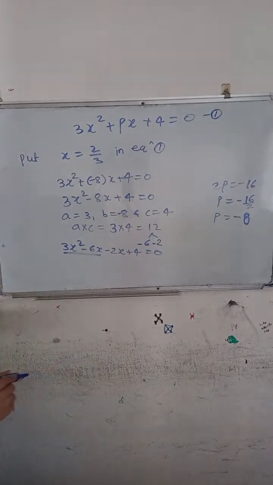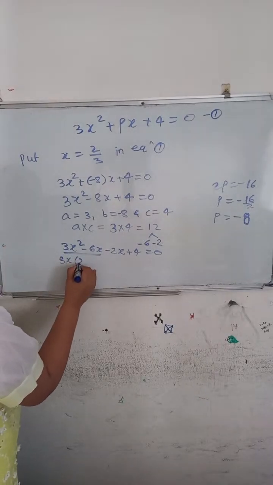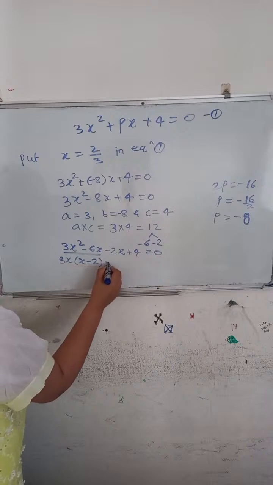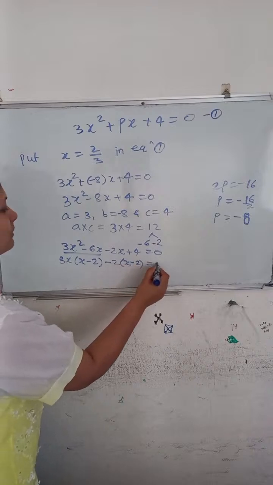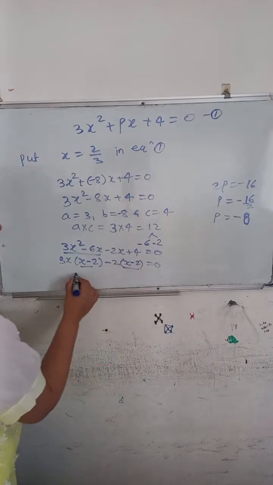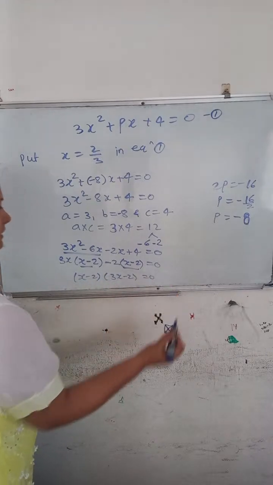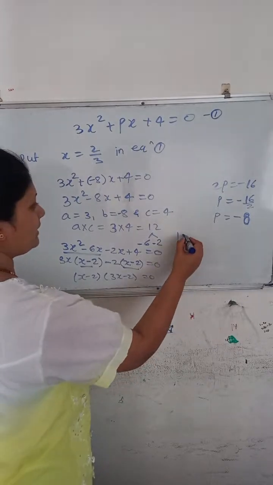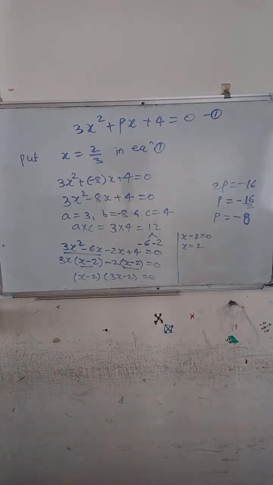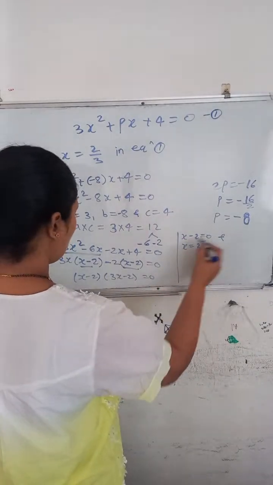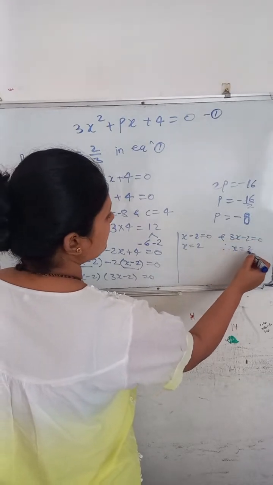From the first two terms take 3x common. It will remain x minus 2, and if you take minus 2 common from the last two, you get x minus 2. Now see, x minus 2 is common, so 3x minus 2 times x minus 2 is equal to 0. So x minus 2 is equal to 0, that is x is equal to 2, and the other value, 3x minus 2 is equal to 0, therefore x is equal to 2 by 3.